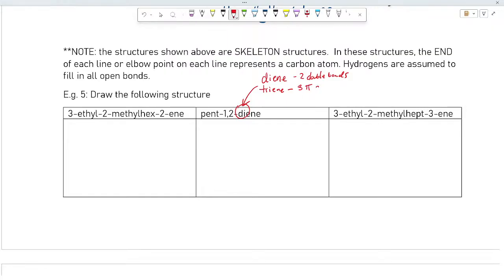They have to be double bonds to be enes. A tetrene has 4 double bonds, etc. Everyone knows tetra is the prefix for 4.